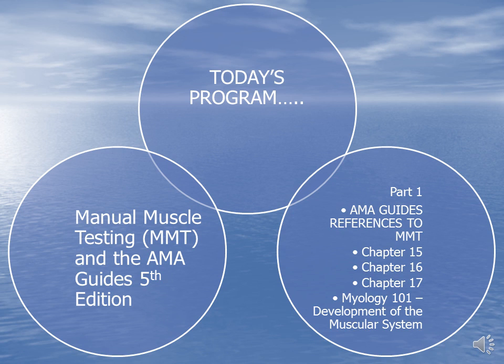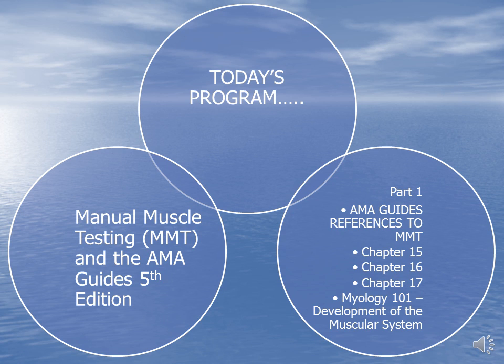And the reason I created this program was because I found throughout the AMA Guides, especially in chapters 15, 16, and 17, that there are references to manual muscle testing in the determination of permanent impairments, but I found that the AMA Guides were lacking in terms of giving us a description of the procedures for performing manual muscle testing.